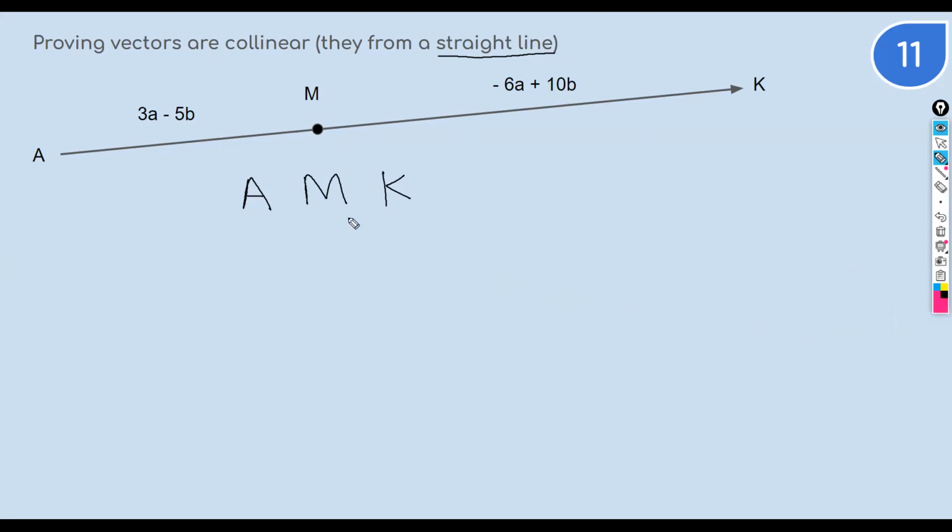When you do that, I want you to circle the first two letters and find that vector. Now, this question is easy because I gave you the vector from A to M. This is supposed to represent from A to M. Usually, you just have to find it. But let me pretend we found it, and A to M was 3a minus 5b.